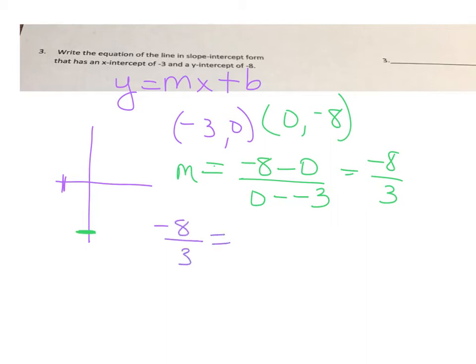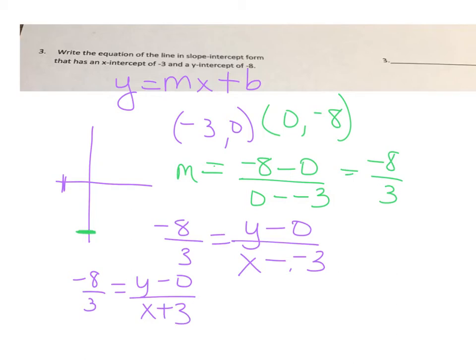It doesn't matter which one, I'll just use the first one. So I'm going to do y minus y sub 2, which is 0, over x minus x sub 1. Whoops, I don't know why I wrote that. Sorry about that. x minus negative 3. Just like in the last problem, I'm going to make that minus and negative on the bottom into a plus.